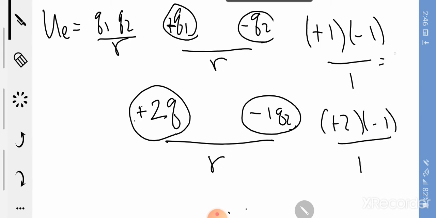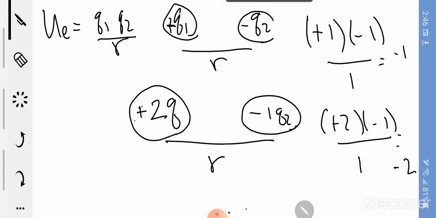So in this instance, we get negative 1, and in this instance, we get negative 2. Negative 2 is more negative, which indicates more attraction energy. And so what we're seeing is as we increase the charge, we have more attraction energy. And we're going to see that's related to effective nuclear charge.